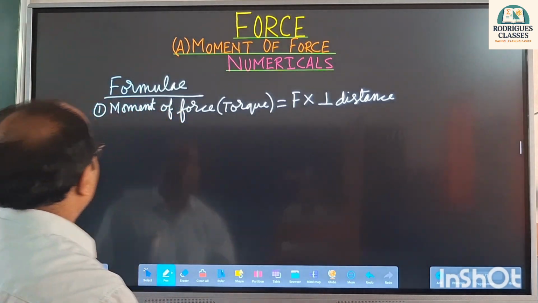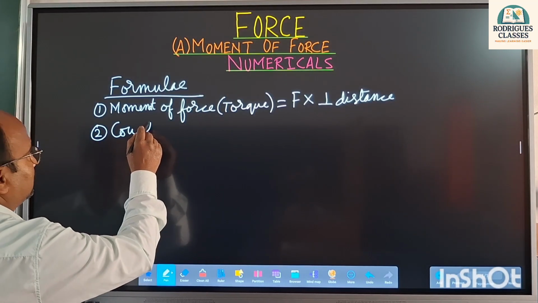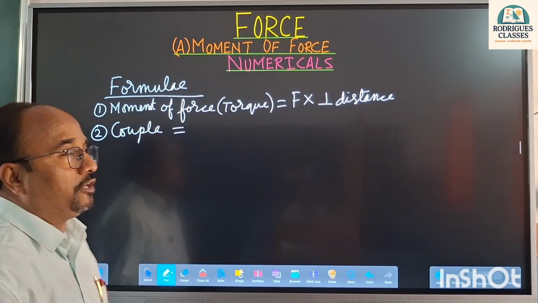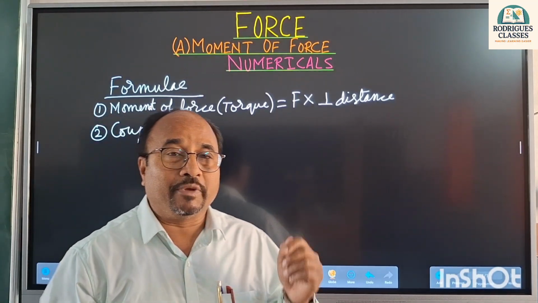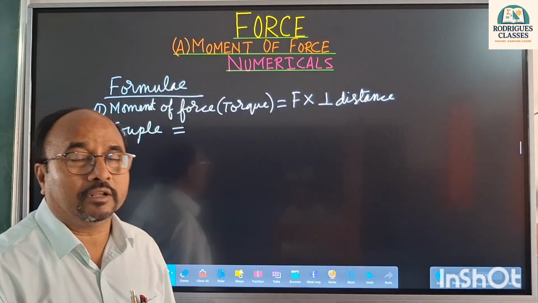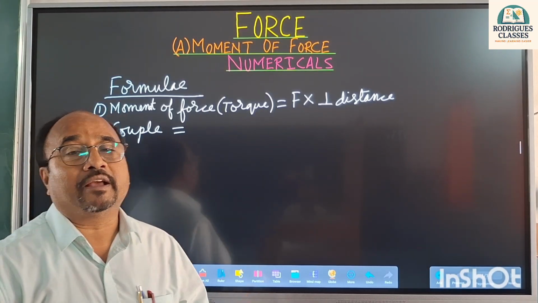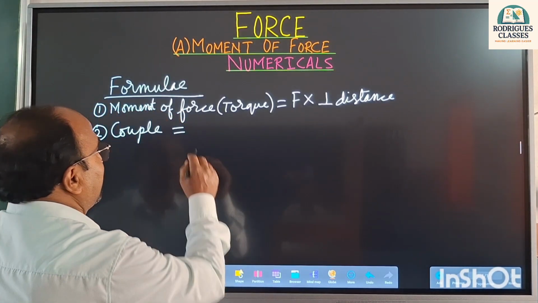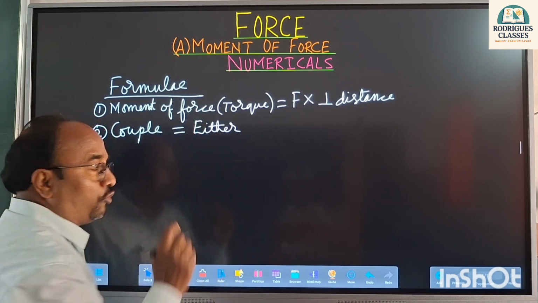Okay. Then we go to the second formula, which is couple. For a couple, you know that there should be two forces acting. Okay, they should be in the opposite direction, equal in value, parallel to each other. Then it becomes a couple. The formula is either of the force, because there will be two forces acting.